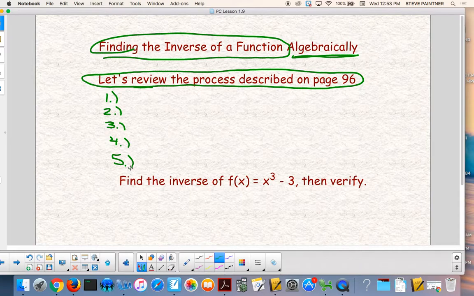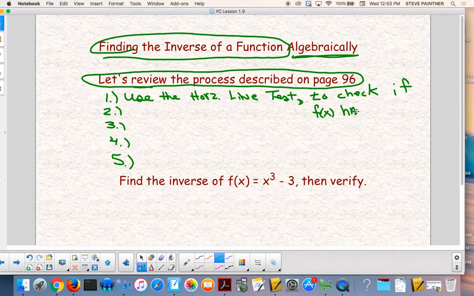Step 1: use the horizontal line test to check if f of x has an inverse.